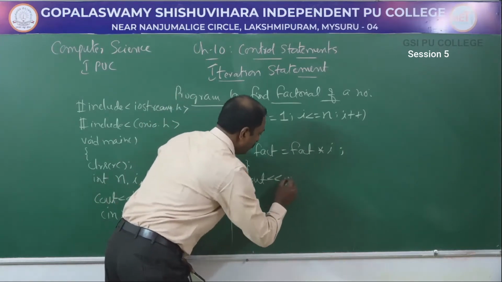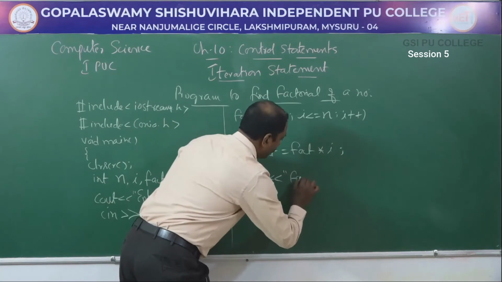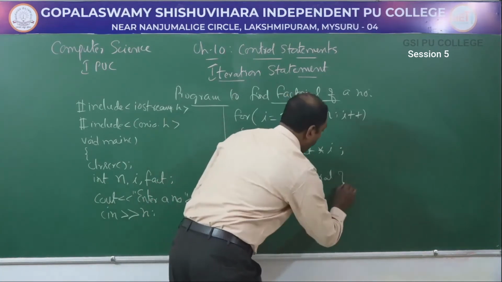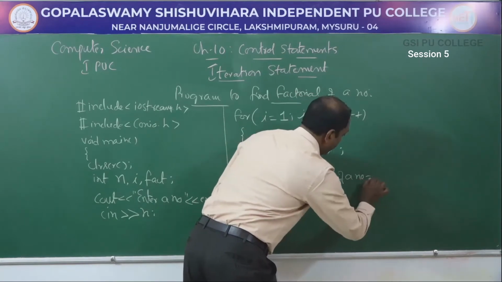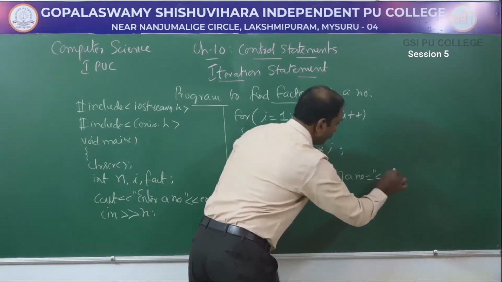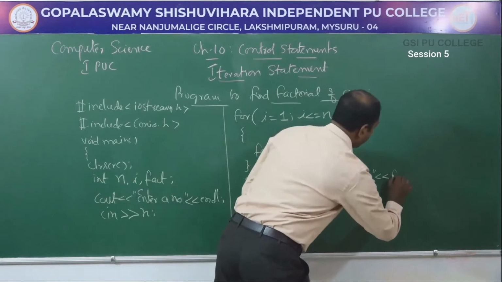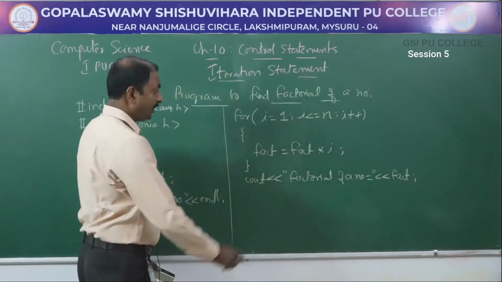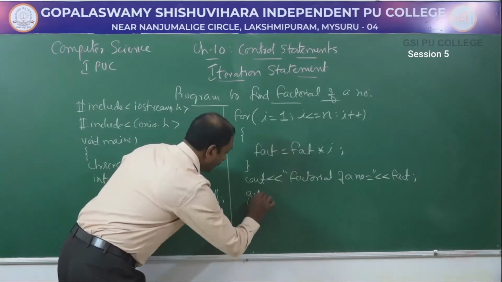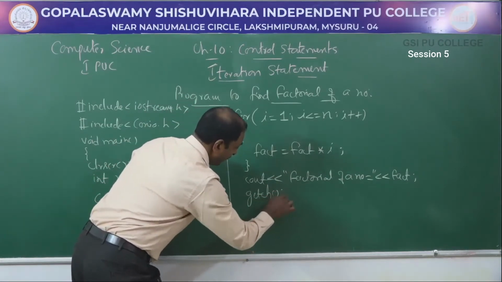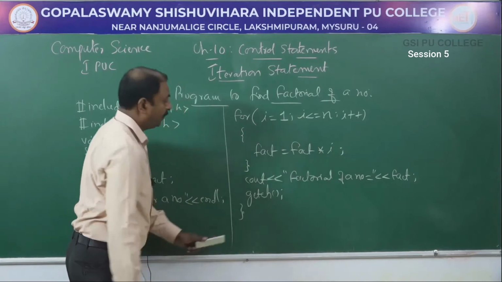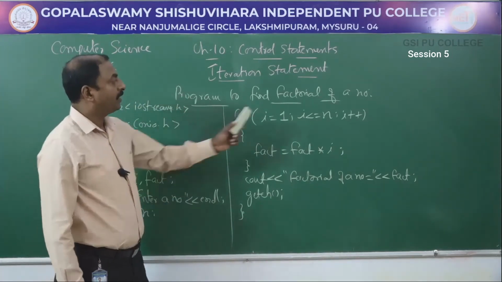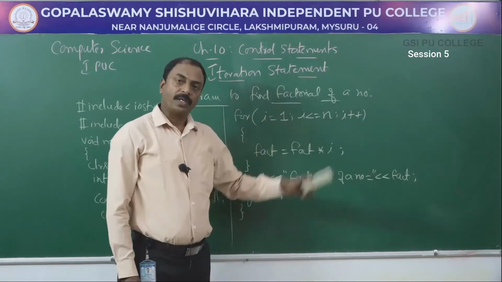Cout, factorial of a number equals, close the quote, and here fact is the variable and semicolon. Then we have to close the program with getch and the closing main bracket. See, this is a program to find the factorial of a given number.